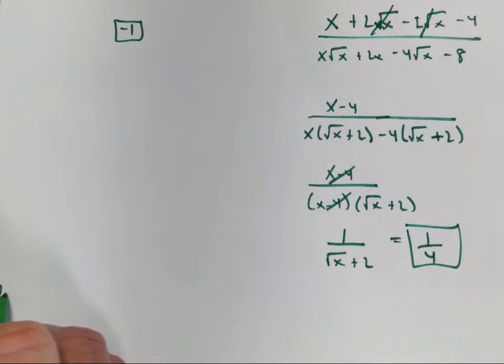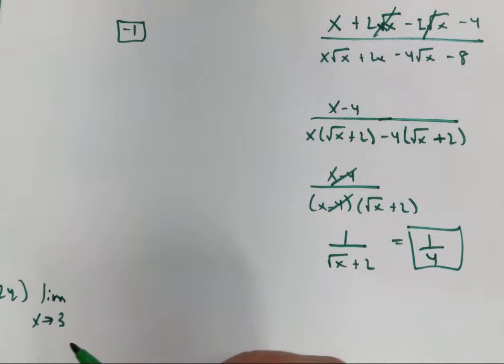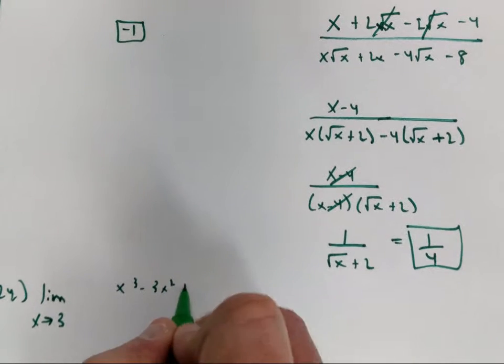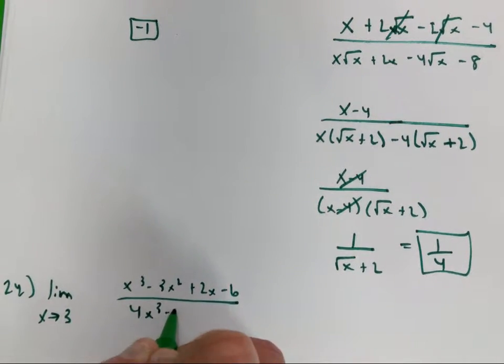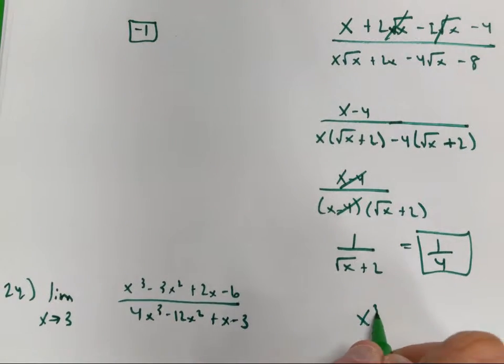Alright, number 24. That's a massive one. But what strategy does that call for? Factoring. You can factor by what? Grouping. So I'm going to come over here and factor this.